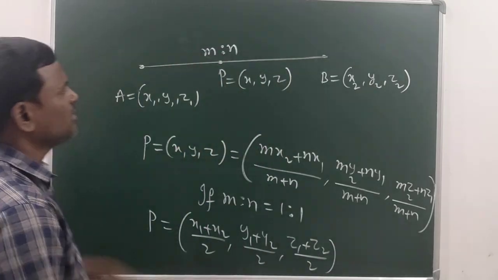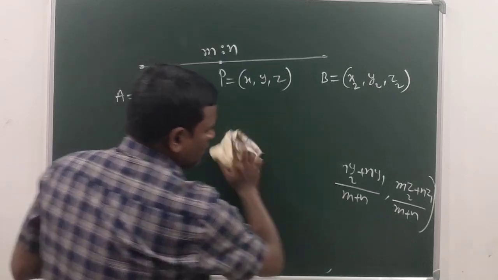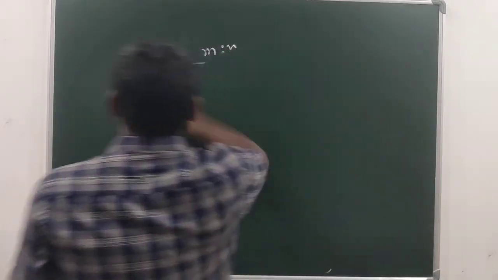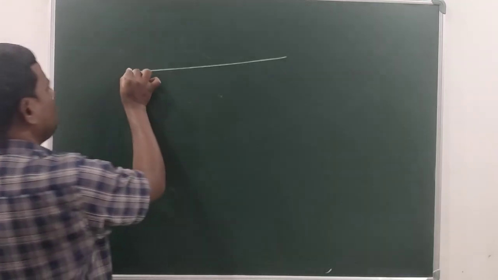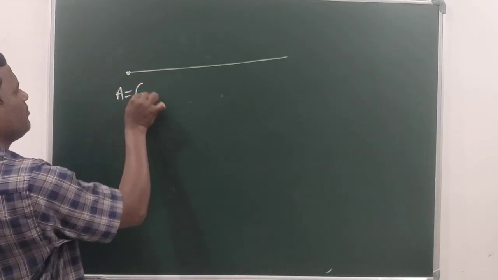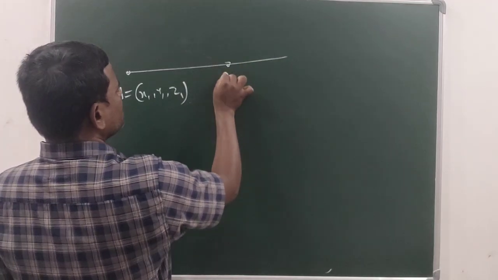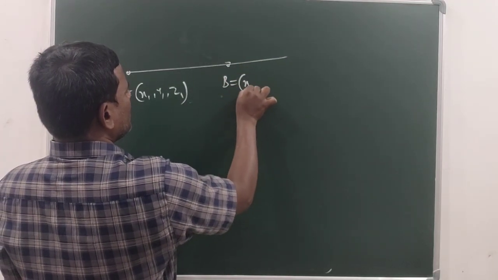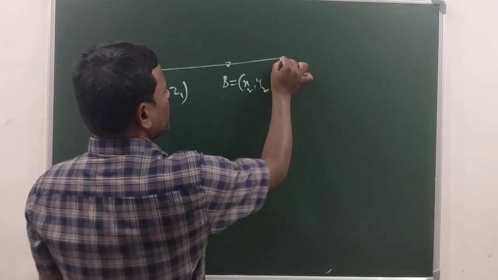So sometimes this P will be outside of AB. See, A coordinates are given here, x1 comma y1 comma z1. B coordinates are given here, x2 comma y2 comma z2. Extend this.